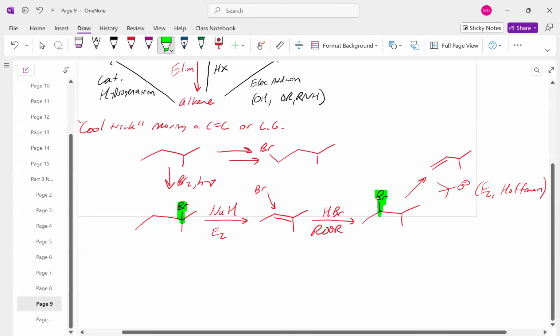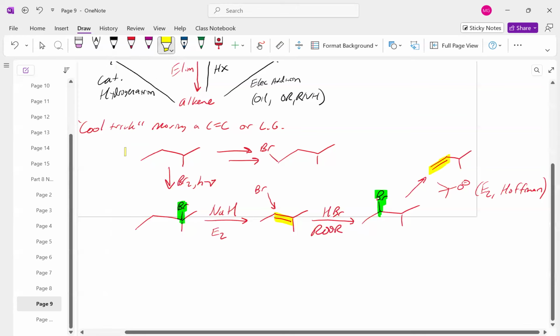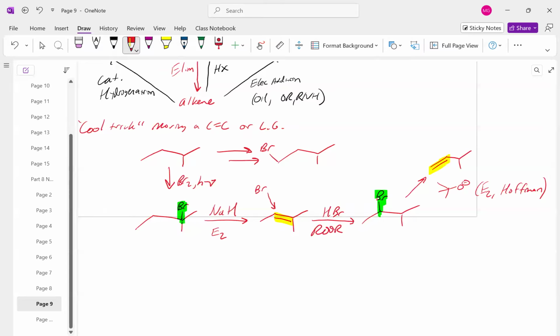And notice again, we've moved something around. We moved a pi bond around. Now, if we were able to do another anti-Markovnikov addition of HBr, that would put the bromine on the end.